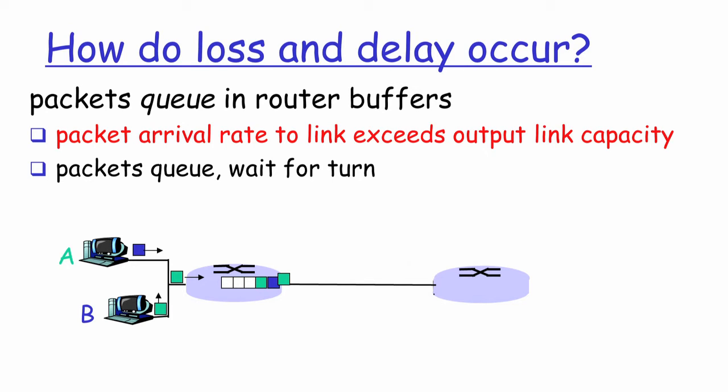The main reason is that the packets have to get queued in the router buffers. When a packet comes in, it is going to get queued in the router device, because there are multiple hosts in my network generating data, and the generated data goes into the router to be sent on the appropriate path towards the destination.